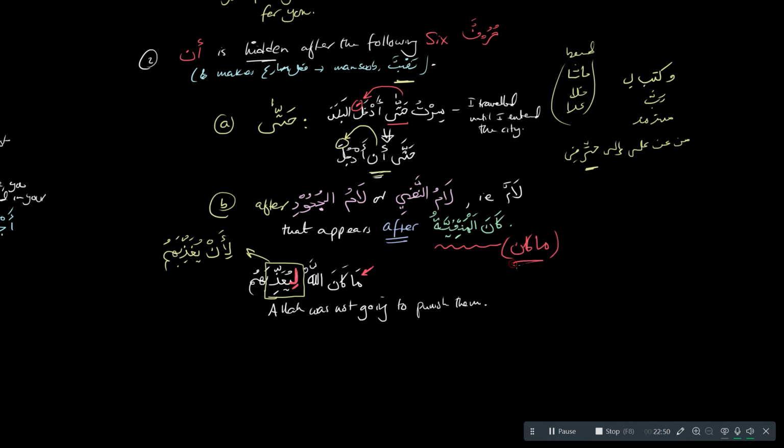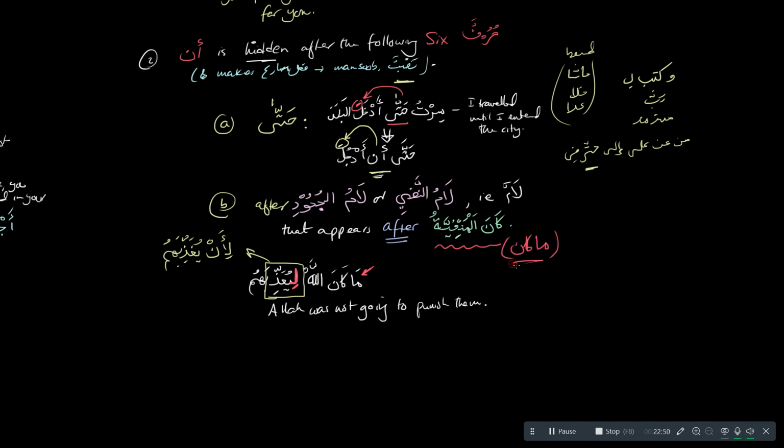There's another example given over here. يعاقب المسيء أو يعتذر. The sinner will be punished unless he provides an excuse.